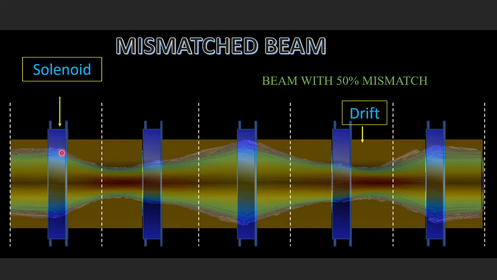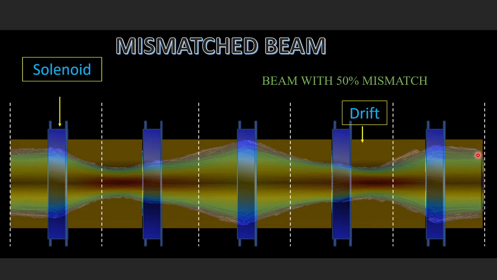When you don't have a matched beam, the beam will perform a certain kind of oscillation and will have some wavelength, but that will not correspond to the period of our lattice. Since I am showing you only 5 periods, this behavior looks systematic, but if you consider multiple periods, like say 50 or 100, this behavior itself changes along the lattice.